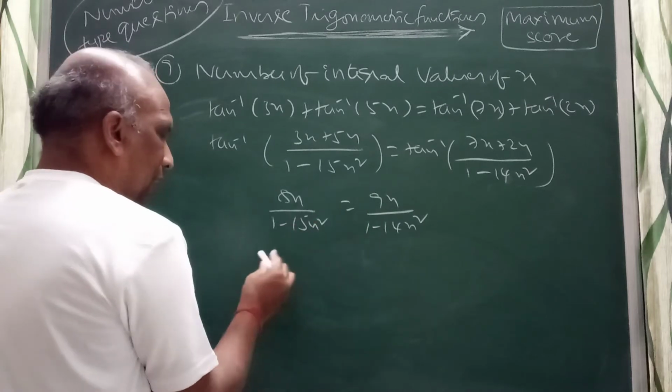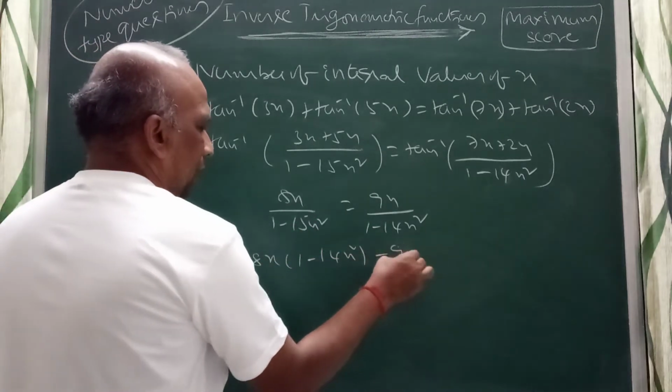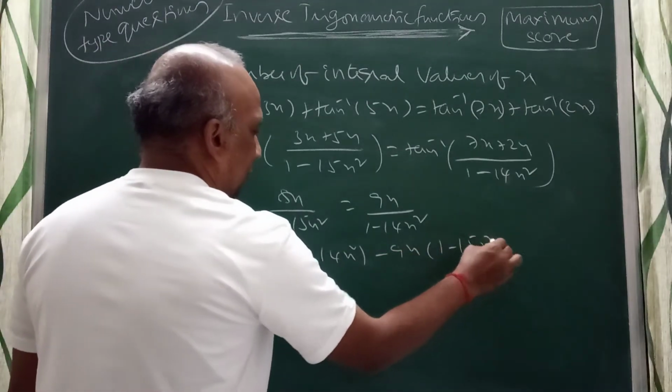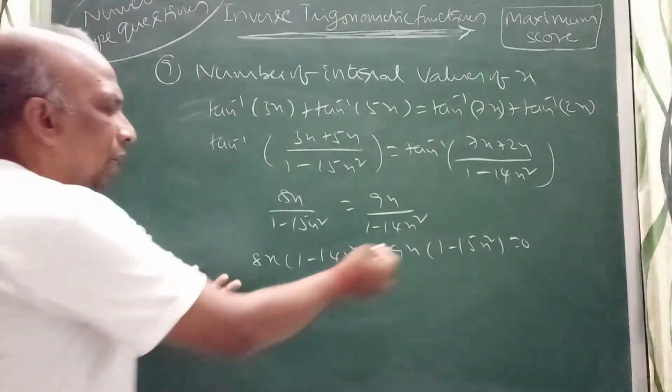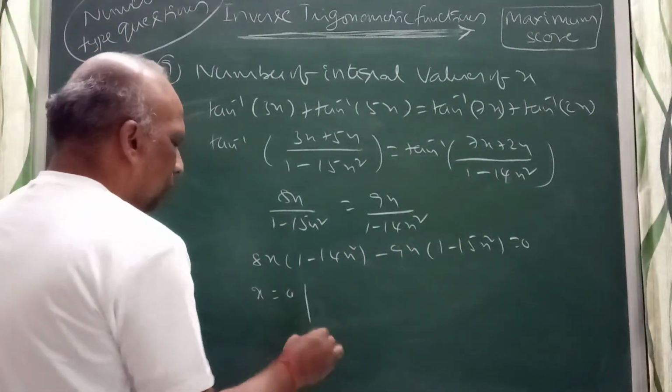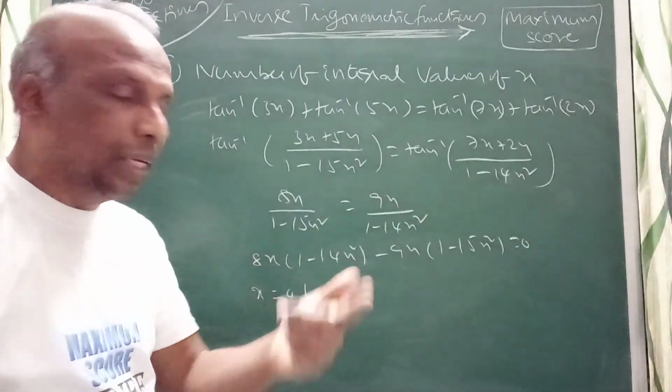Even if you take this one, 8x into 1 minus 14x square equals 9x into 1 minus 15x square. Correct? Do cross multiplication. Definitely x equal to 0 is one of the solutions. That is an integral solution. Check whether it is possible to get any other integral solution.